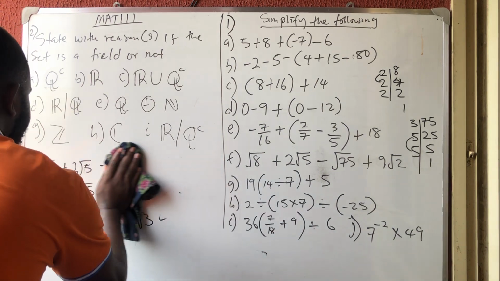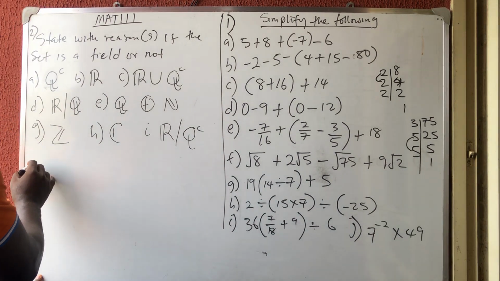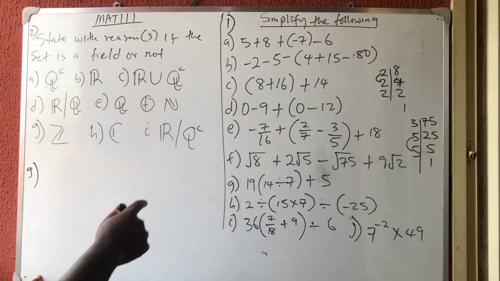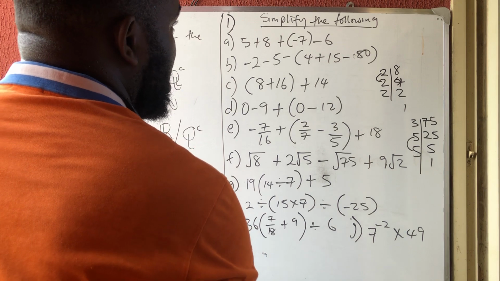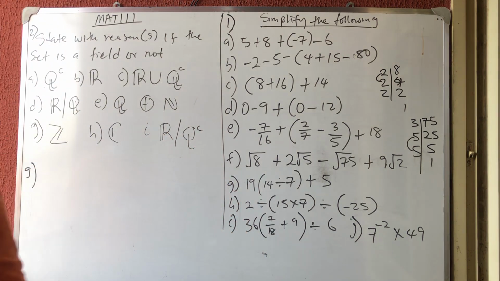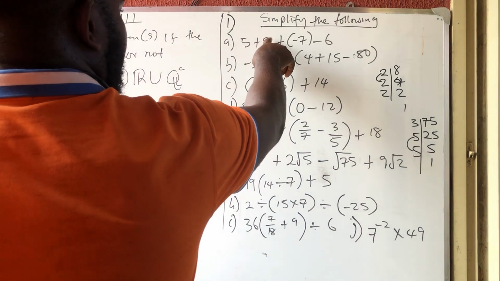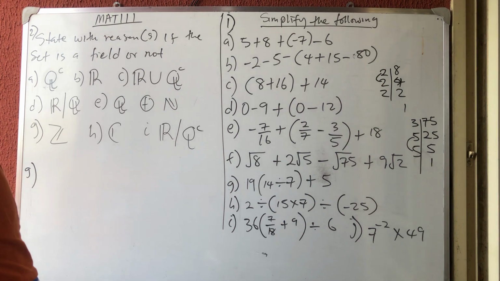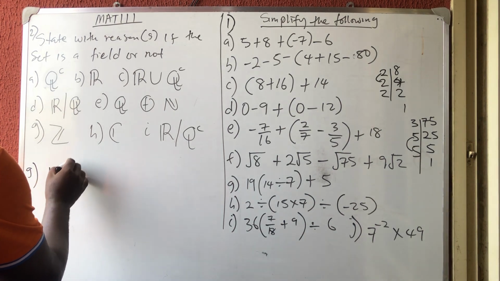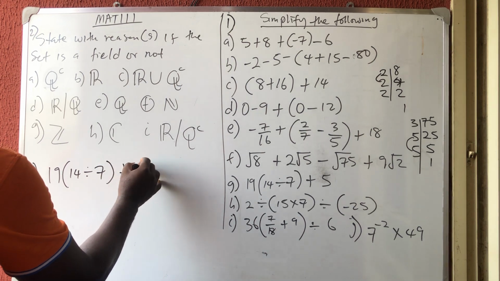So the next one, for more understanding and more examples, go to my video on surds. For this one, go to my video on arithmetic processes to understand it better. Then the next one said 19 in bracket of 14 divided by 7, then plus 5.